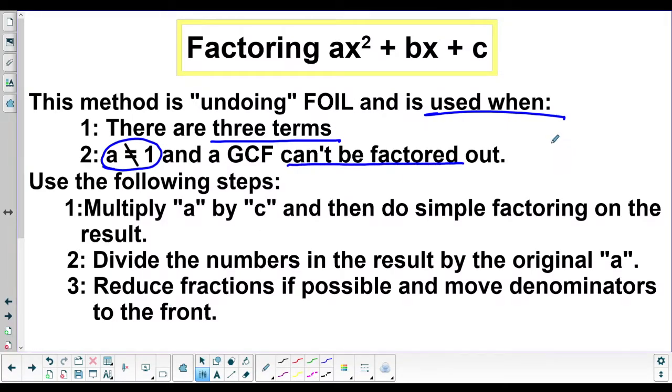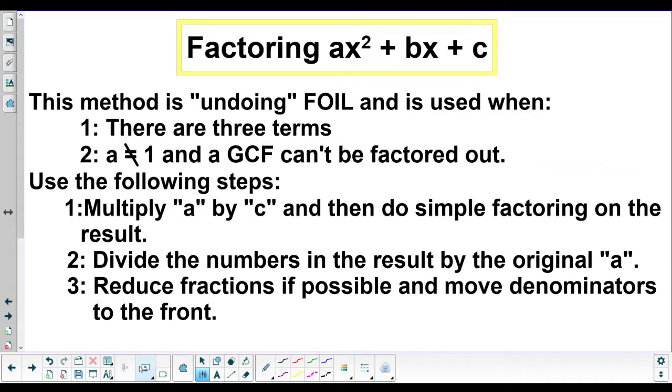So basically what that means is when you have something like 3x squared plus 5x minus 2. When you have this number in front of the x squared, then you're in big doo-doo and you've got to use complex factoring. So you're looking for a number to be in front of the x squared.